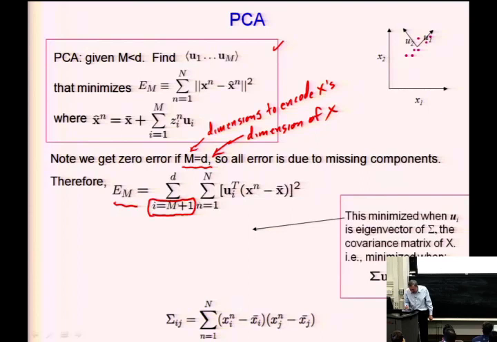I'm only getting to use m out of the d dimensions, so let's sum over those missing components, m plus 1 up to d, of how much squared error I get along that dimension i.